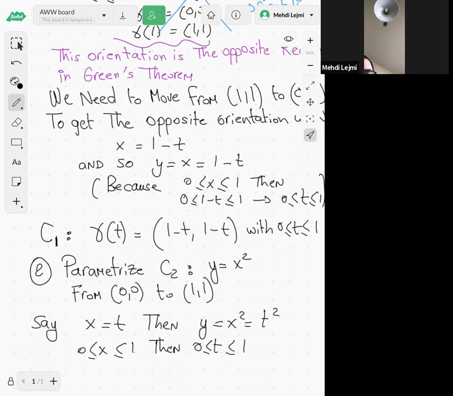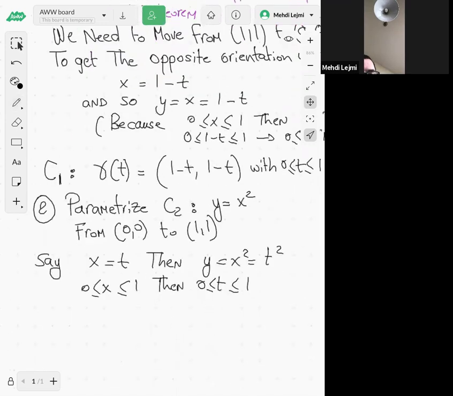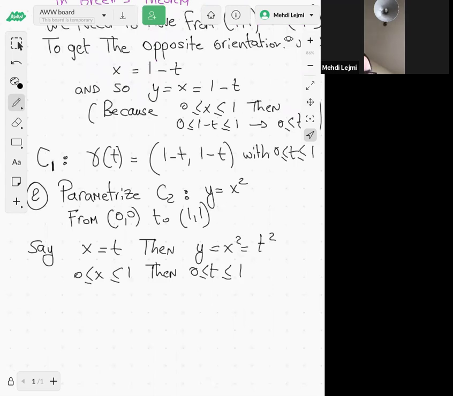So C2 is parameterized by beta of t, where x is t and y is t squared, with t between 0 and 1.